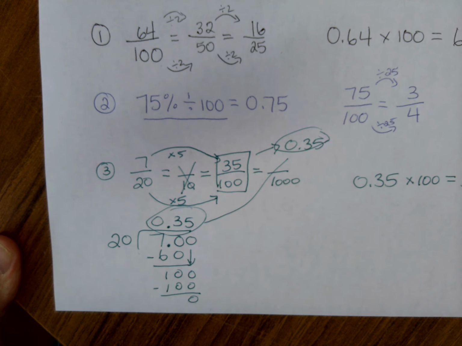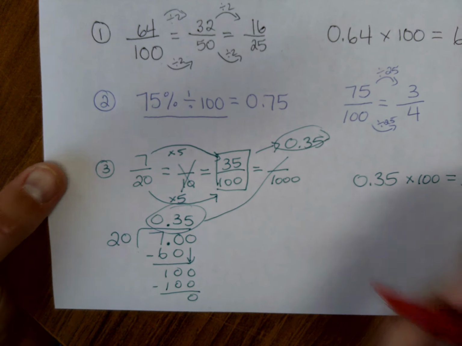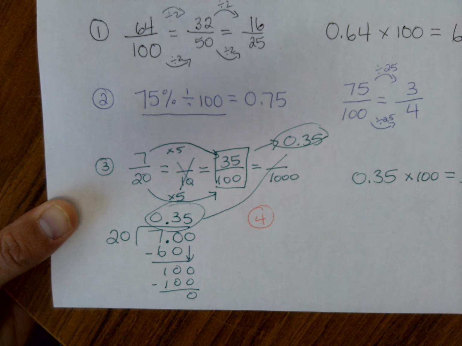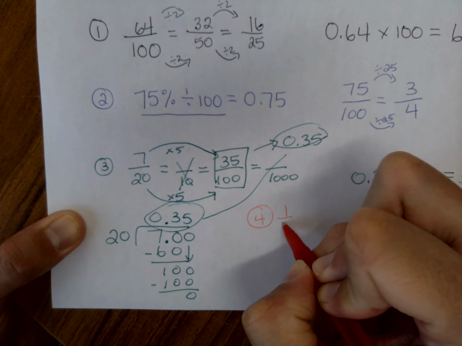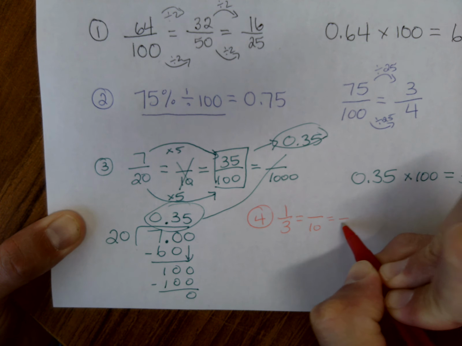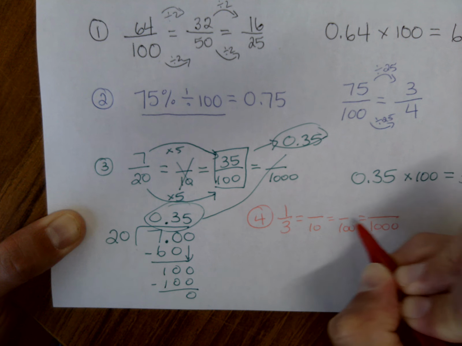And that's really important when we look at number 4, because if we think about it, I said if I was going to use fractions, 1/3, I want to get a fraction with a tenth or a hundredth or 1,000.